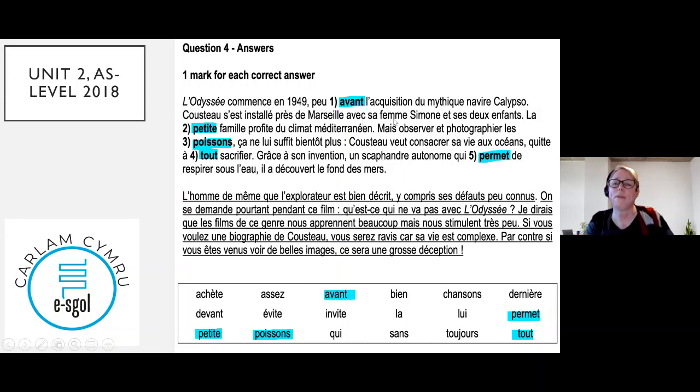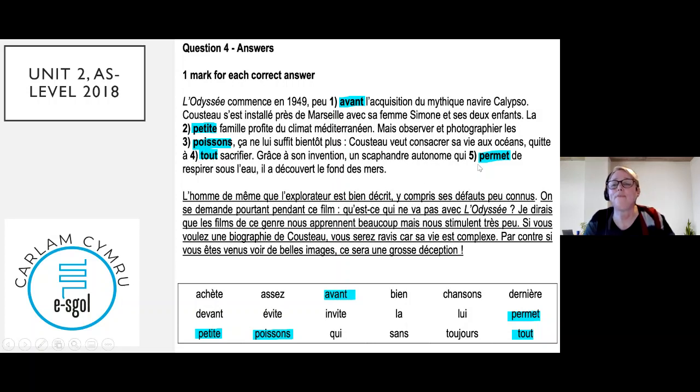Les poissons, mais observez et photographiez les poissons. Chances are talking about the depth of the ocean and him going down into the sea. That we're taking pictures of fish, not chansons, songs. So that would fit nicely. Even if he's sacrificing everything, tout, à tout sacrifier. That would go in front, so that would work well.